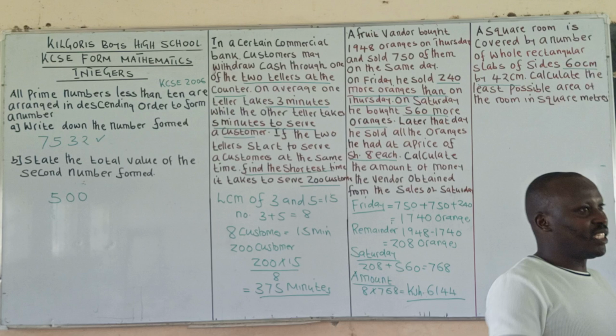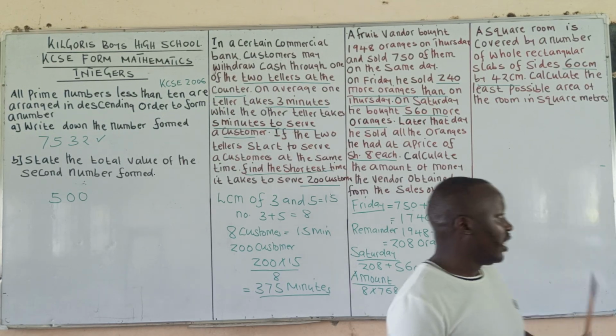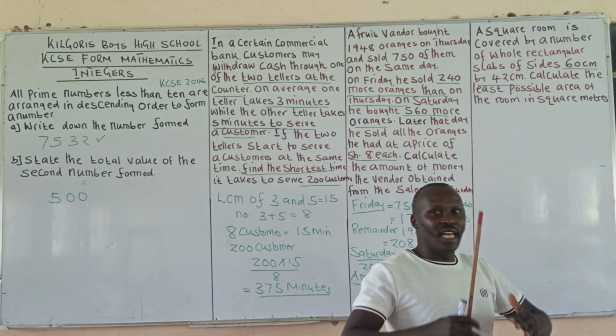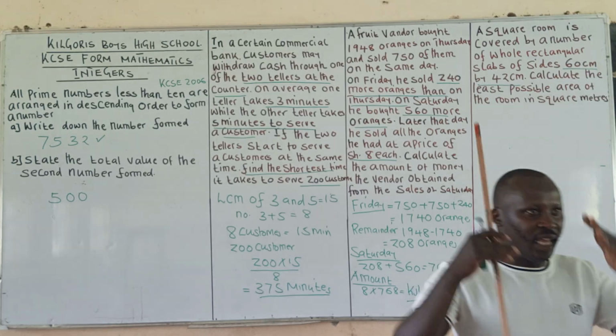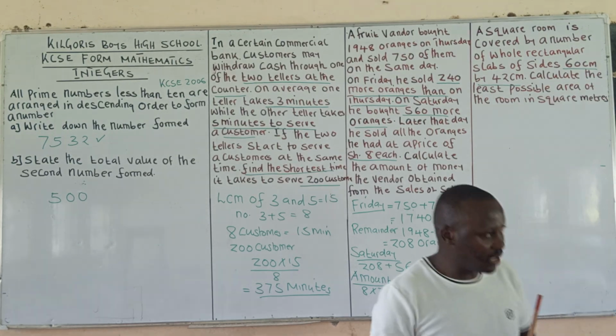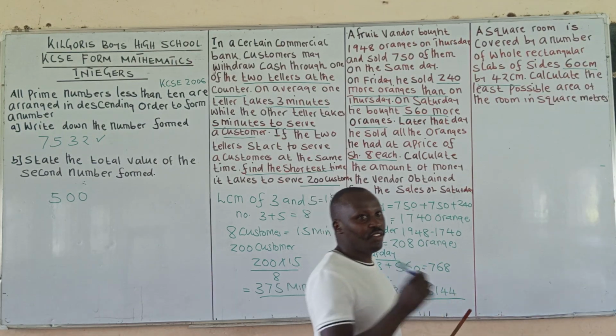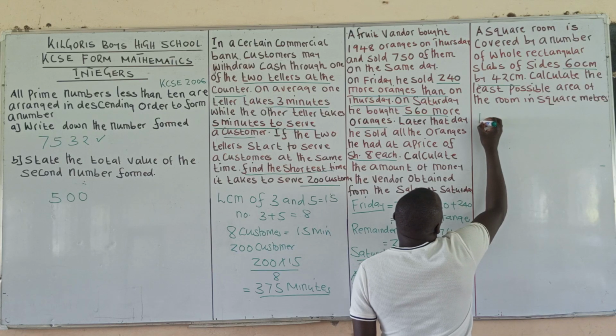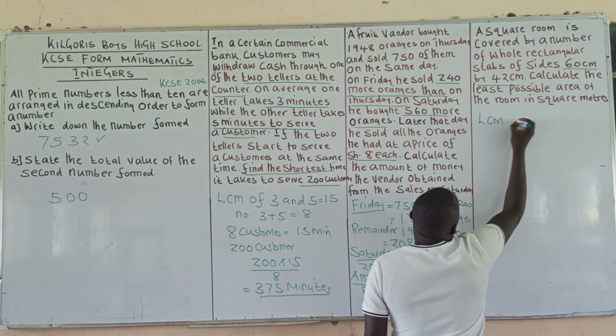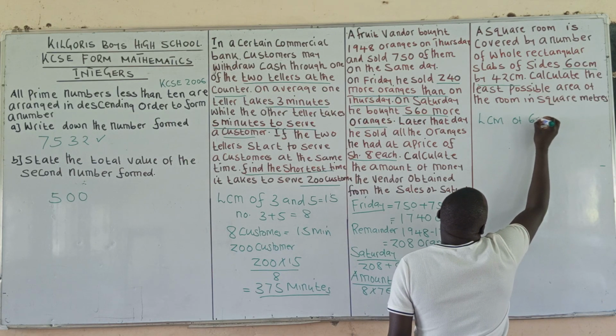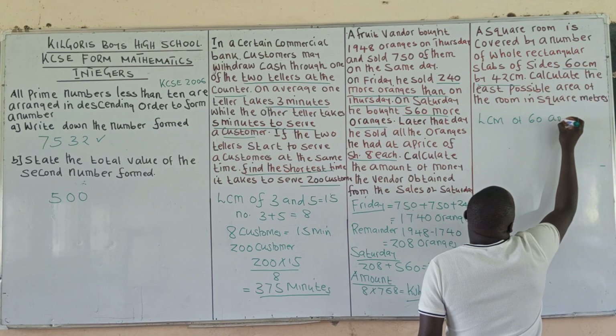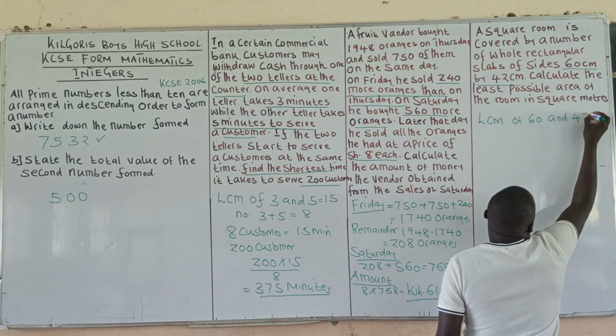So this one you can get in KCSE 2011, and the question is testing the concept of the LCM, the least common multiple. So the first step, get the LCM of 60 and 42.